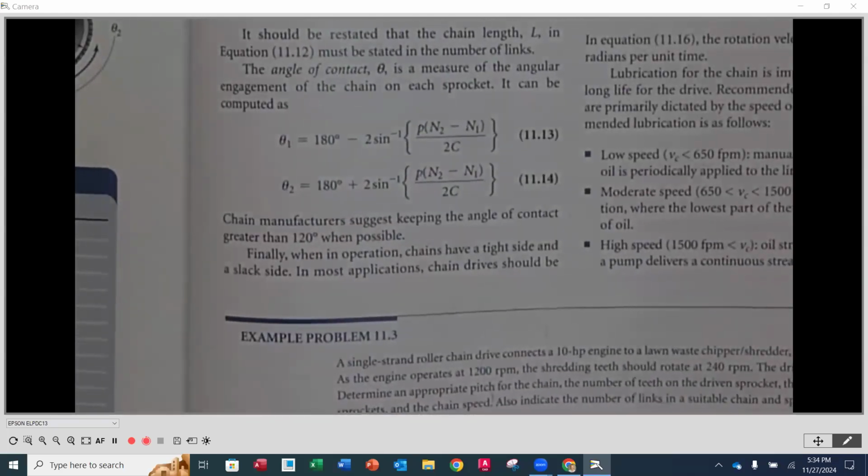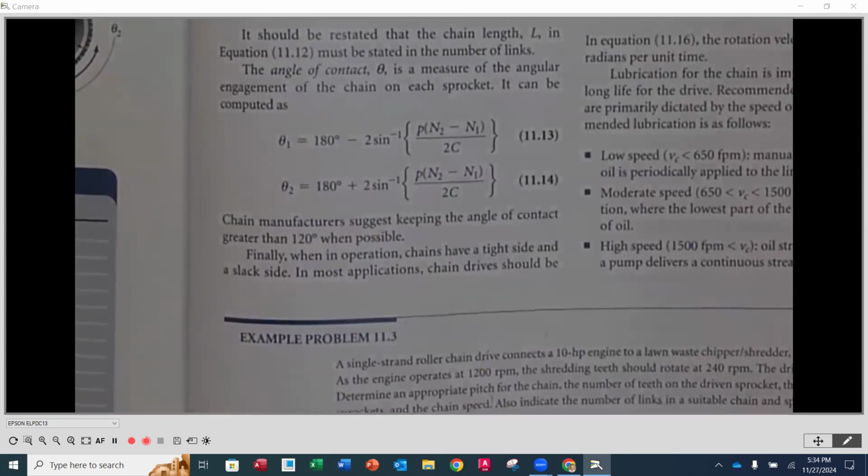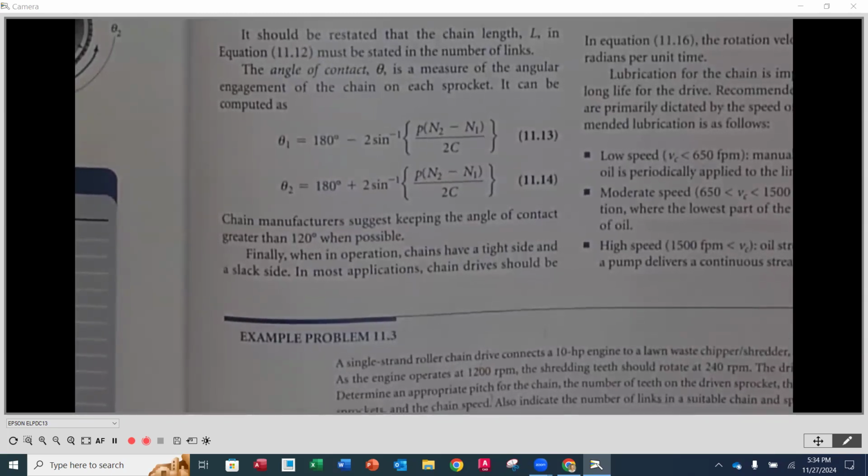So we've got theta 1: 180 minus 2 times the inverse sine of P times (N2 minus N1) divided by 2C. And it's a very similar equation for theta 2, except this time it's going to be 180 plus 2 inverse sine of P times (N2 minus N1) divided by 2C.